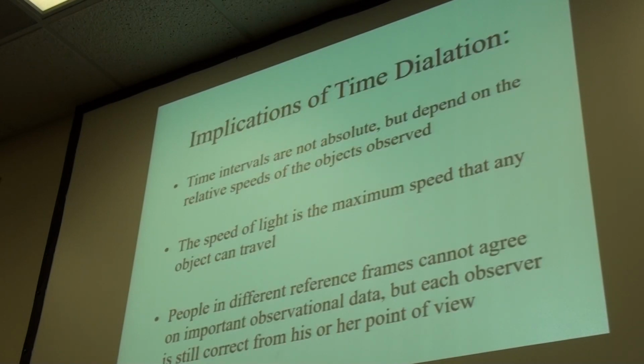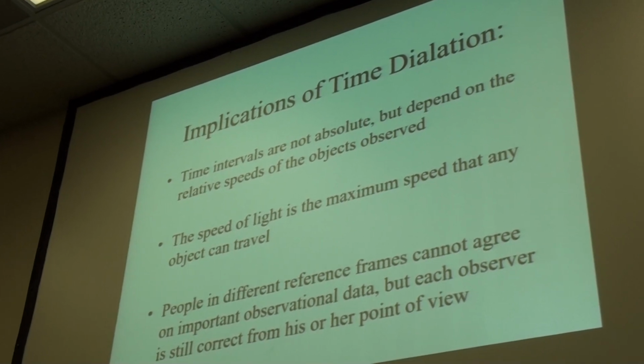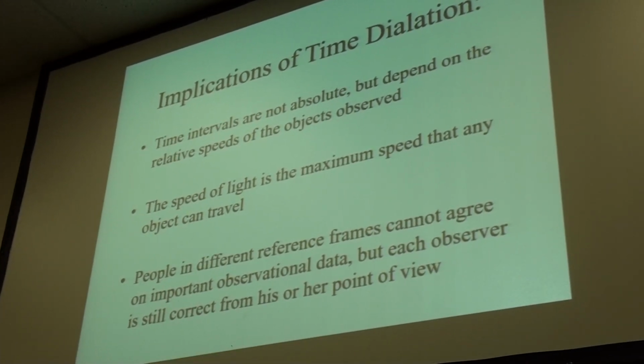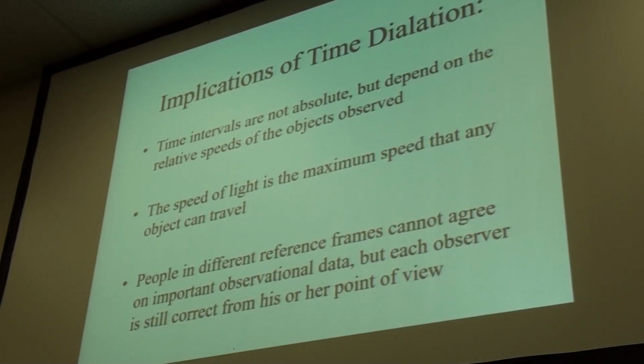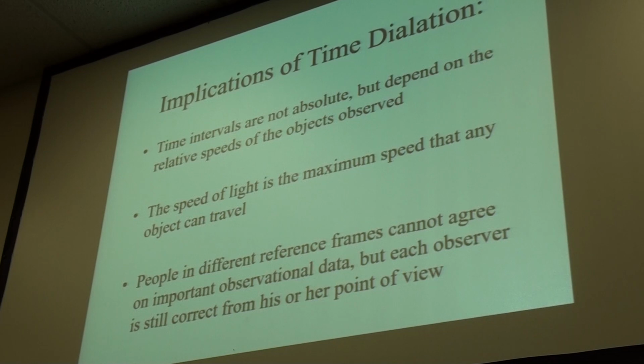So let's go back and see what some of the other implications of time dilation are. People in different reference frames can agree on important observational data, but every observer is still correct from his or her own point of view. So that means that although you may have a completely different account of something than somebody who's moving at a different speed, you're both right.